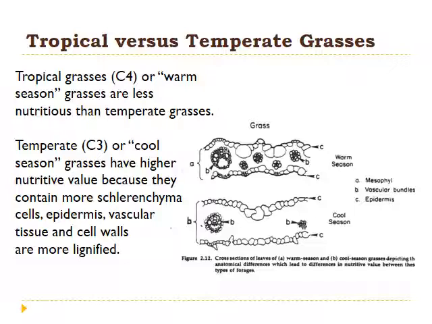In Idaho, up north here, we have mostly cool season grasses, or C3 grasses, the bottom part of this diagram. In the tropics and also even in the lower areas of North America, Texas, Oklahoma, New Mexico, Arizona, the dominant grasses there are warm season grasses.